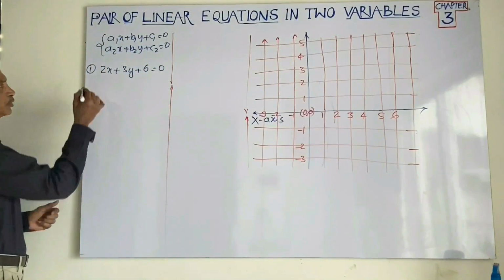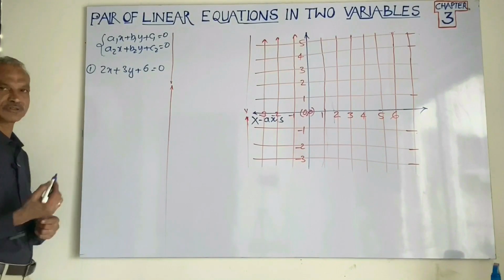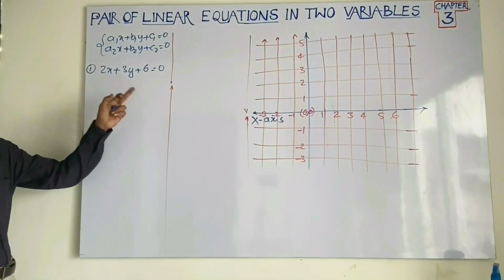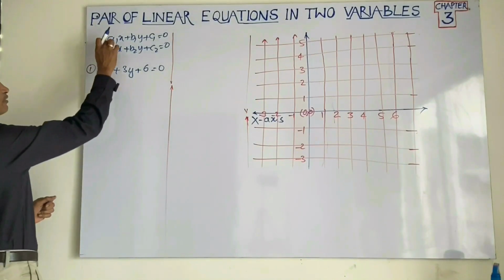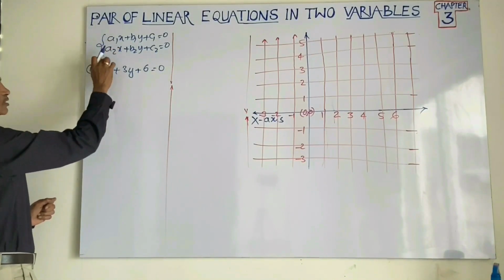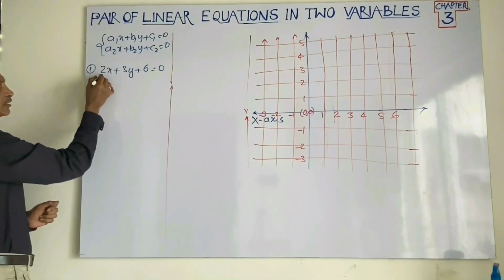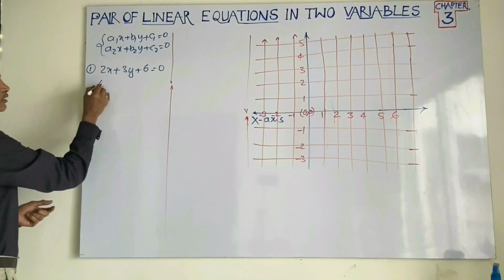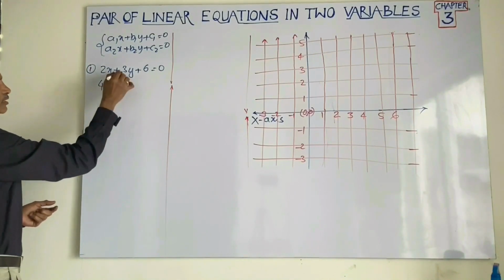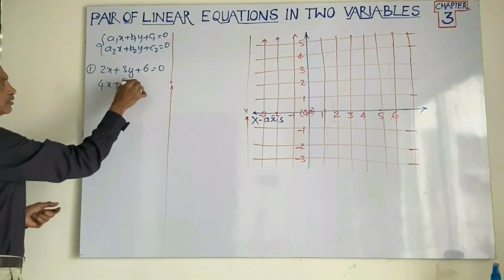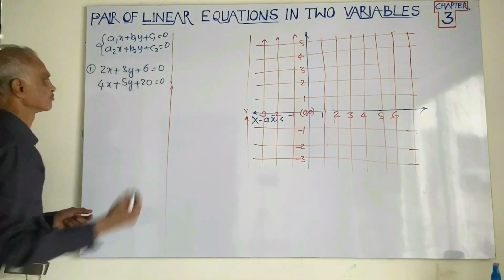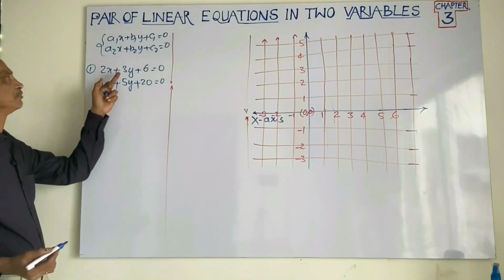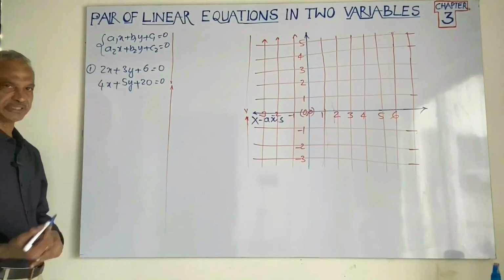First example, 2x plus 3y plus 6 is equal to 0. a1 should not be equal to a2. I have taken 2, no? I will take a different one. 4x plus 5y plus 20 is equal to 0. This example I have taken. a1 is not equal to a2 and b1 is not equal to b2.